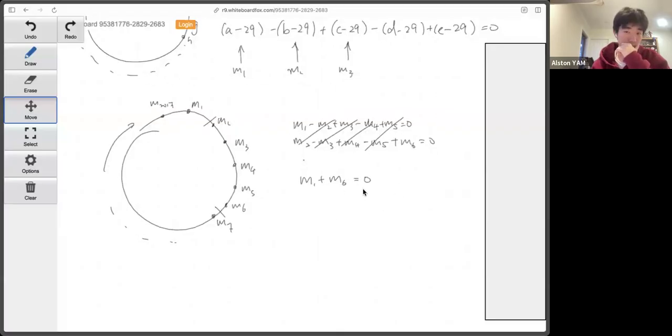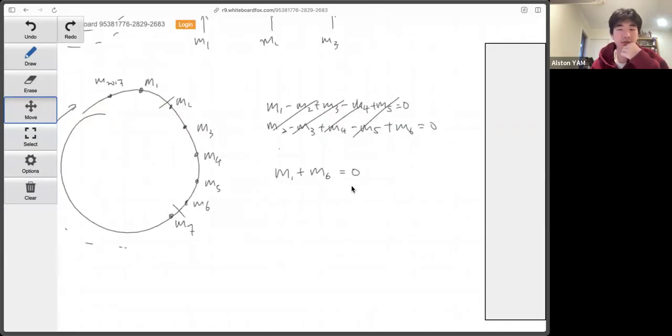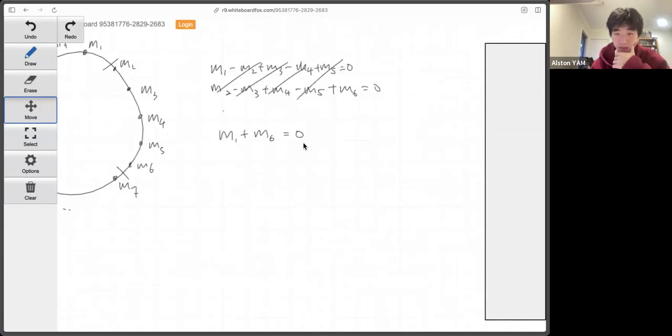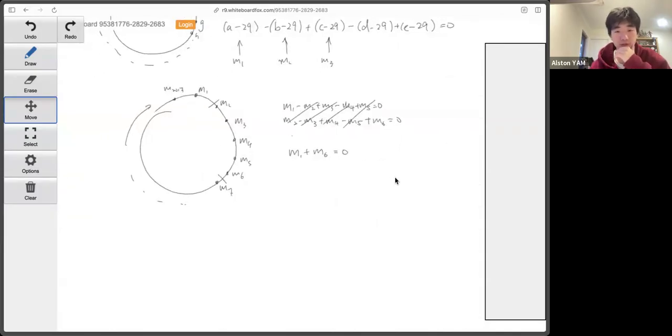And what do we know about 0? 0 is an even number, right? It's not a conventional even number, but 0 is an even number. And what do we know about two integers that add up to an even number? Well, they are the same parity, right?